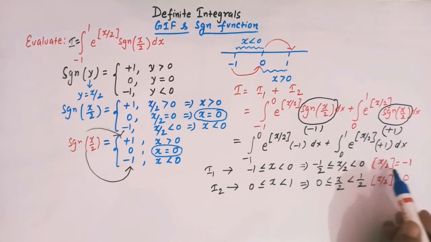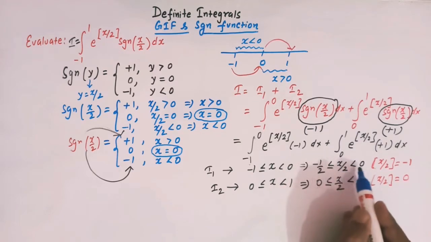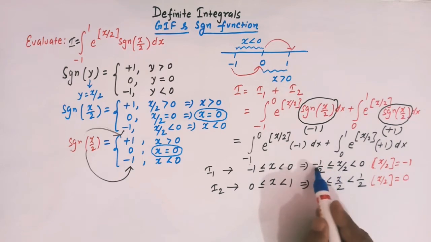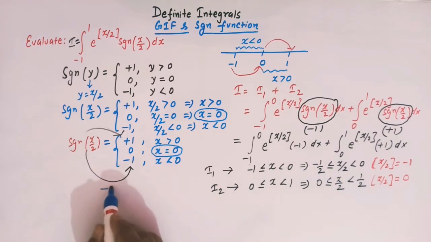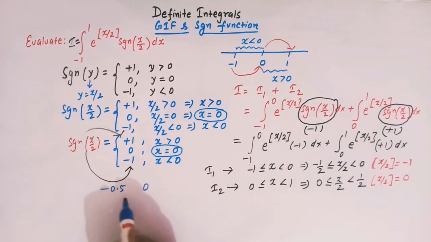Now here we can also verify these two results by taking a particular value of x over 2 in these two intervals, right? See here, x over 2 lies between minus half, that is minus 0.5, and 0, right?